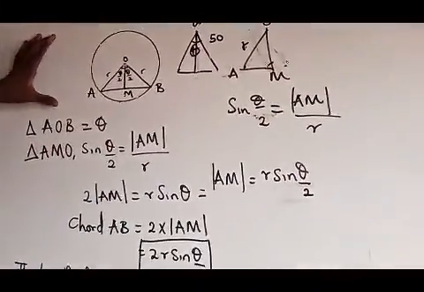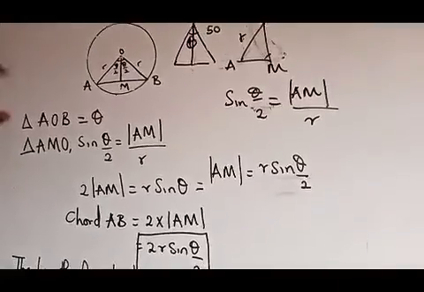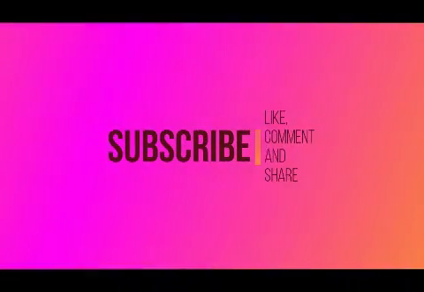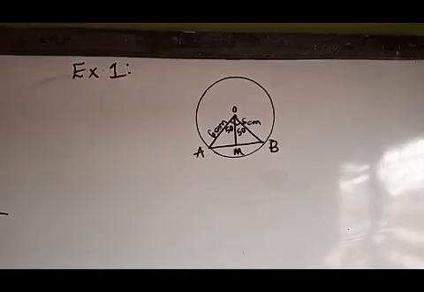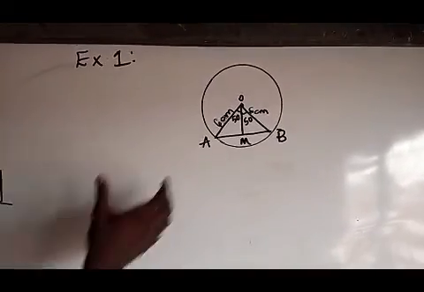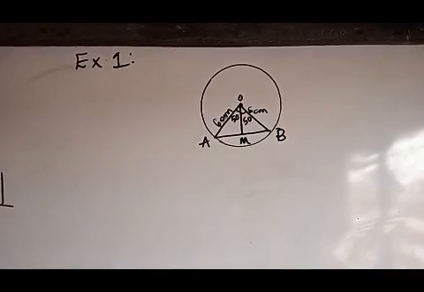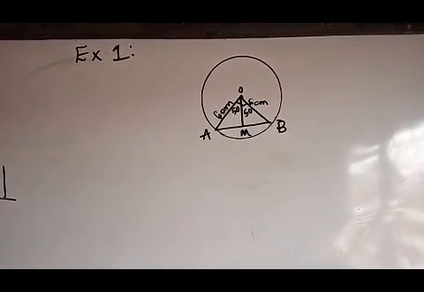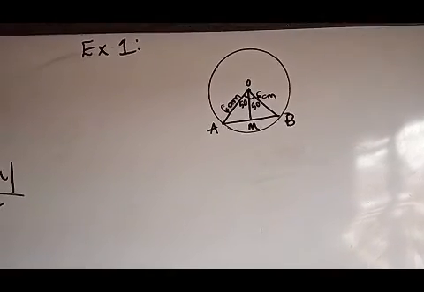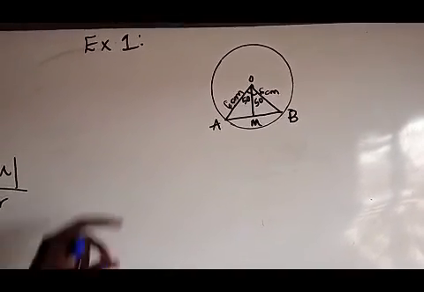So I want us to see an example now. Our first example: this particular question can tell you to find the length of a chord which subtends an angle of 100 degrees.